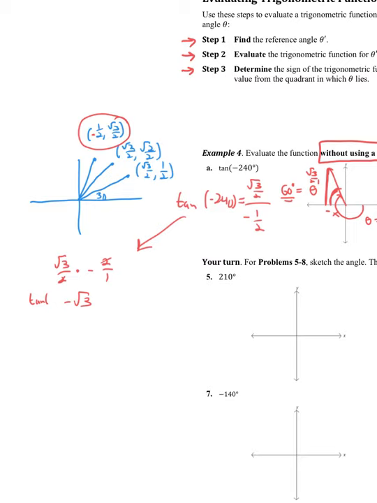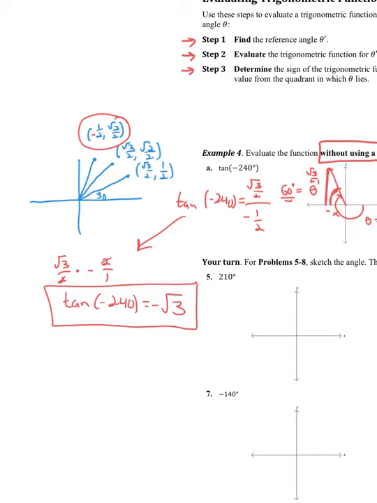So tangent of negative 240 is just negative square root 3 when it's all simplified. All right, so that's what happens with example A.